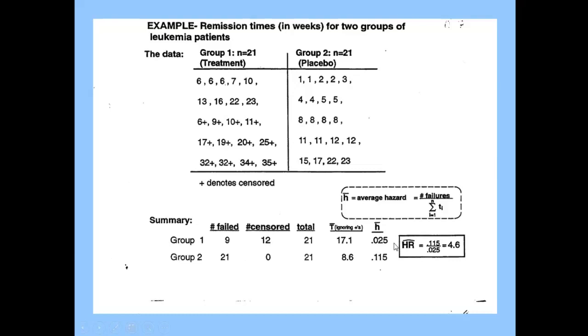So group 1 is doing better than group 2 because its average hazard is lower. The word hazard means danger, so hazard has to do with not doing well. The higher the hazard, the worse somebody's doing, and the lower the hazard, the better. So group 1 is doing better because its average hazard is lower than the average hazard for group 2.